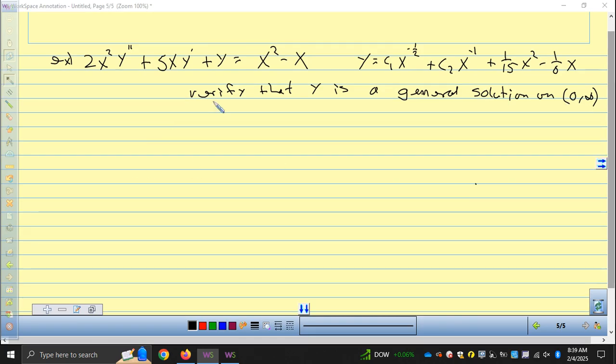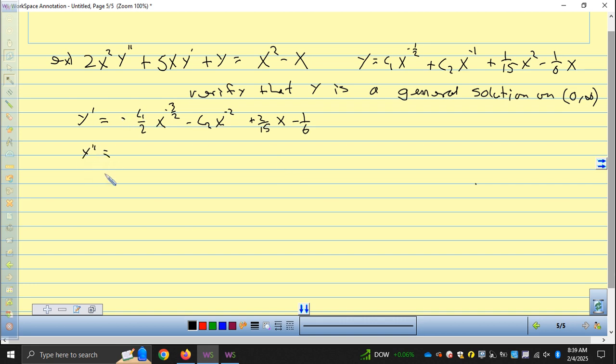So we just need to take a couple derivatives here. Y prime equals, what did I get? Negative c1 over 2 x to the minus 3/2 minus c2 x to the minus 2 plus 2/15 x minus 1/6.